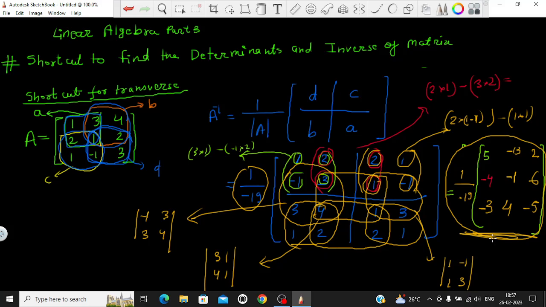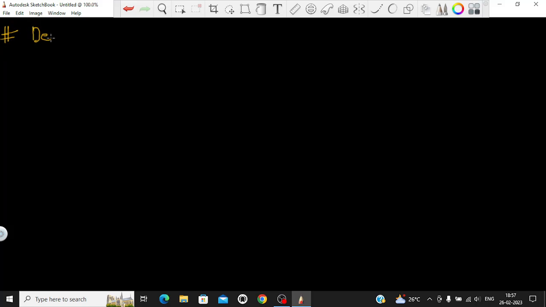Now we will see some properties of determinant, inverse, adjoint and transpose.